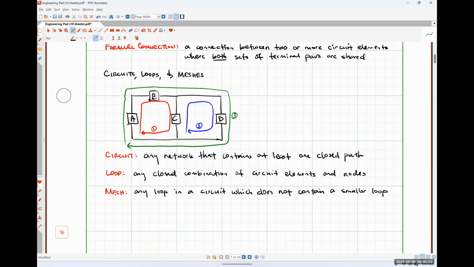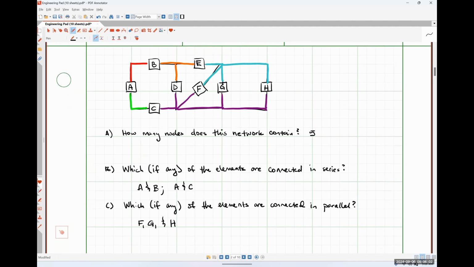Okay. So let's wrap things up. I'm going to get out of here a little bit early by revisiting this, now we can call it a circuit, and identifying how many meshes this circuit contains and how many loops this circuit contains. I'm going to get rid of some of these colors so that this doesn't get too wildly busy. Reconnect things, as it were.